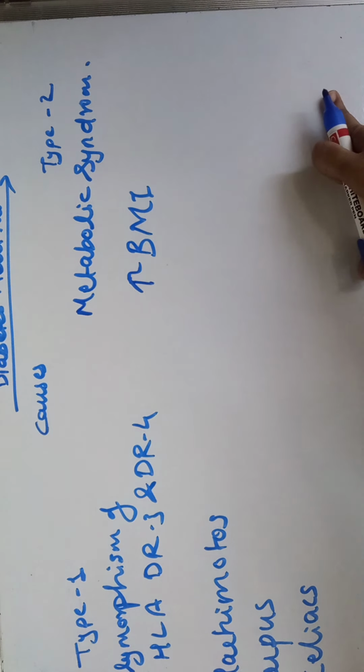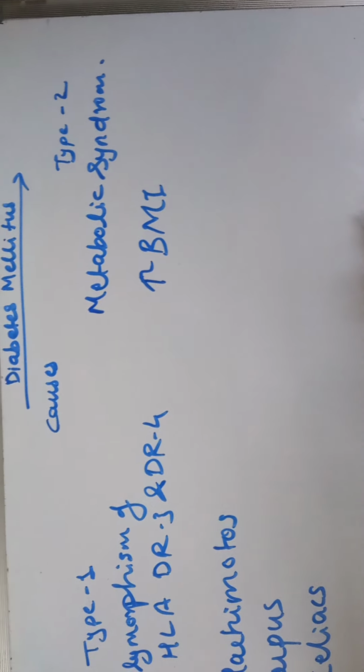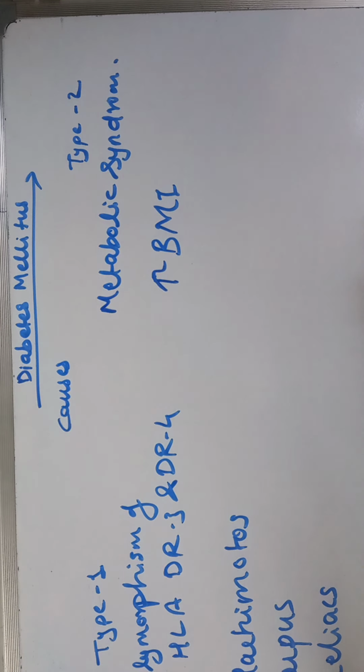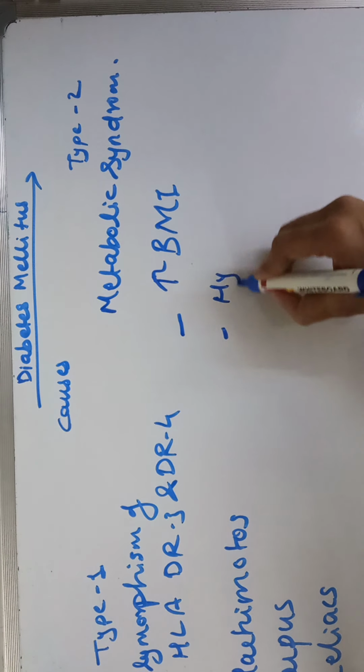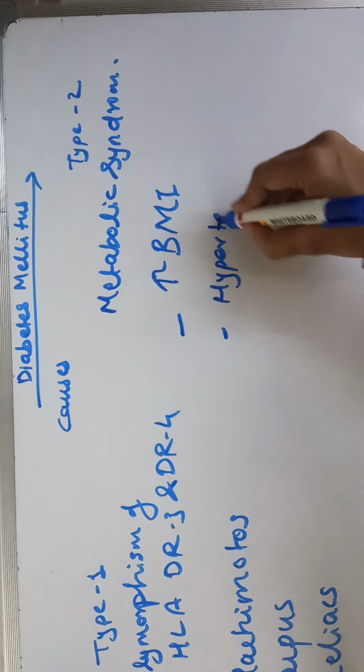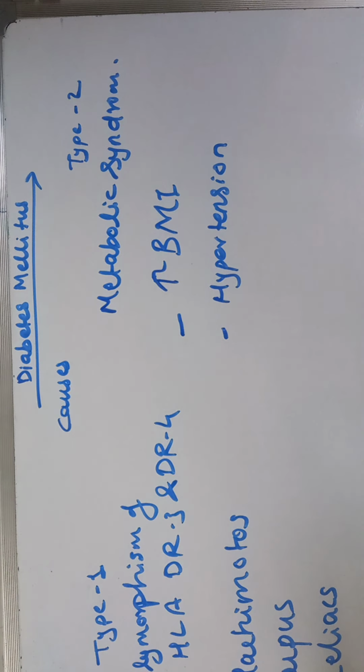If there is a high BMI level, there is a risk of producing type 2 diabetes mellitus. Second, if people suffer from hypertension, they have a risk of developing diabetes mellitus.